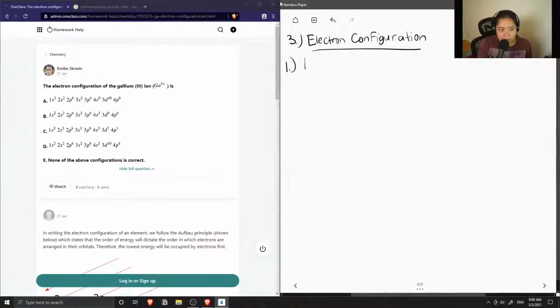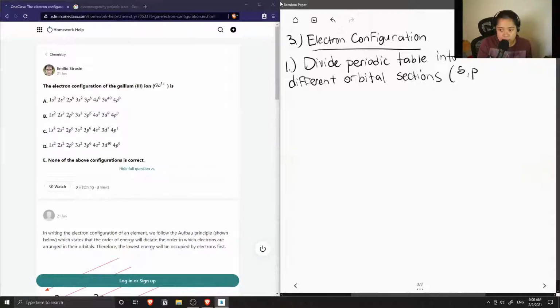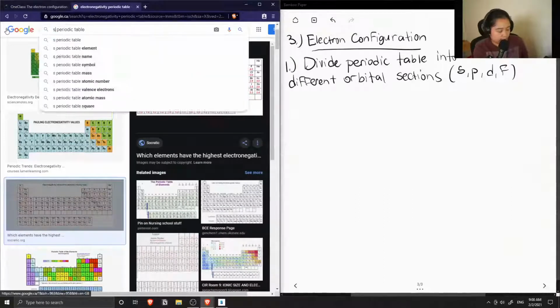So the first step is to divide your periodic table into the different orbital sections, such as S, P, D, and F. Okay, so I'll show what this will look like.